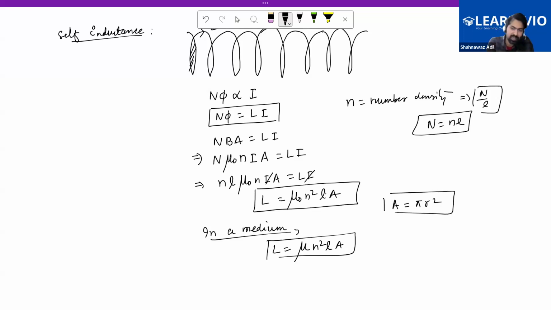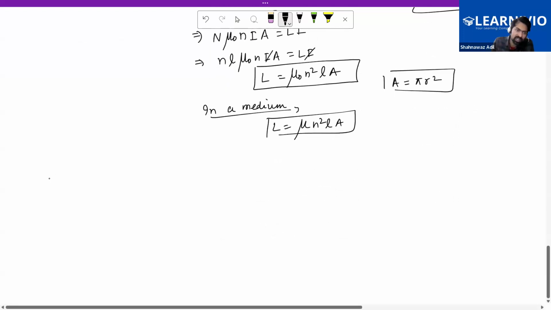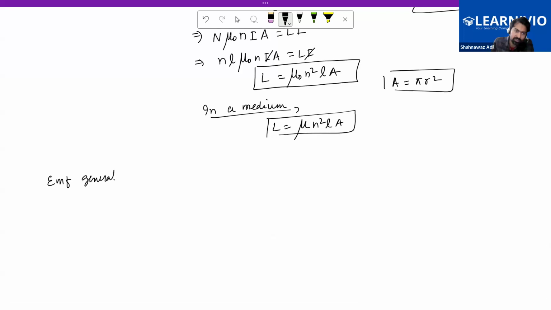Due to the self-inductance, you can calculate the EMF generated in an inductor. How much would the EMF generated be?